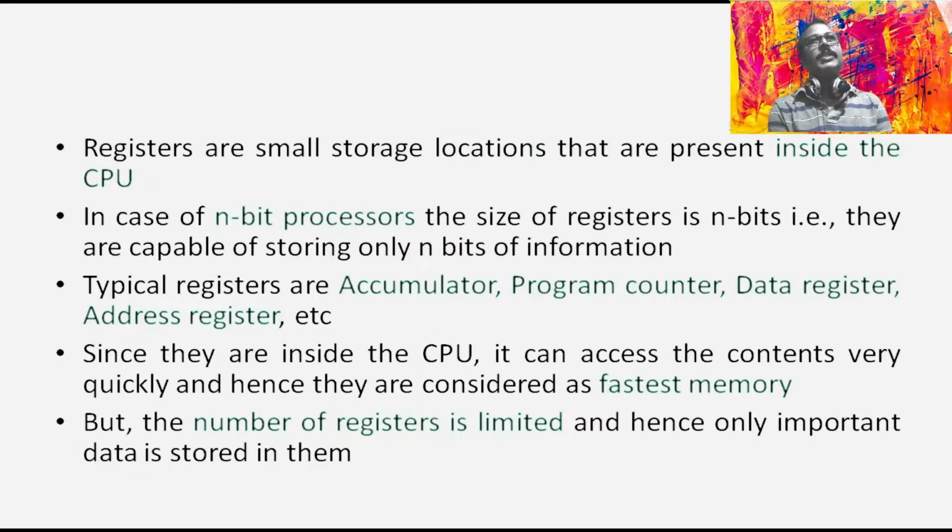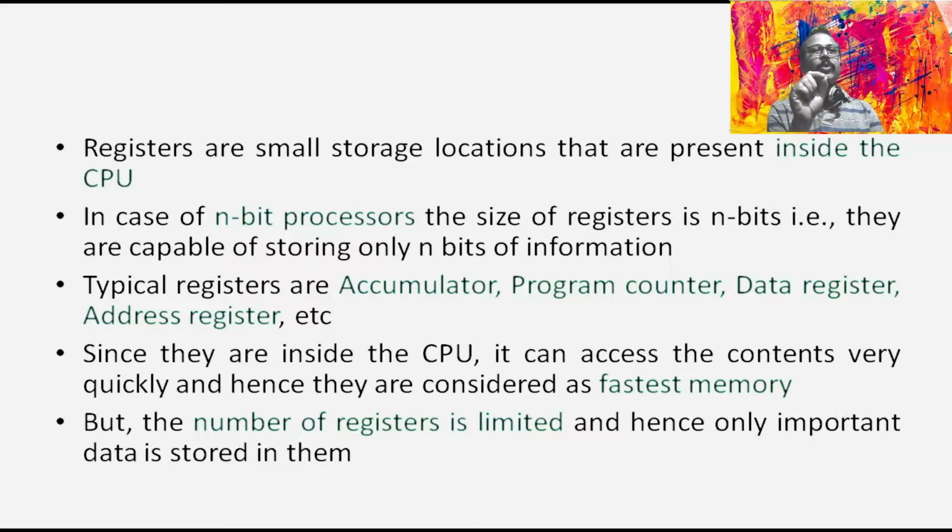First, registers. Registers are small storage locations present inside the CPU. If you have an n-bit processor, then the size of registers will be n bits. At present we are using 64-bit processors; 32-bit processors are also there, but in most cases we use 64-bit processors. That means the size of each register will be 64 bits, so it is capable of storing only 64 bits of information.